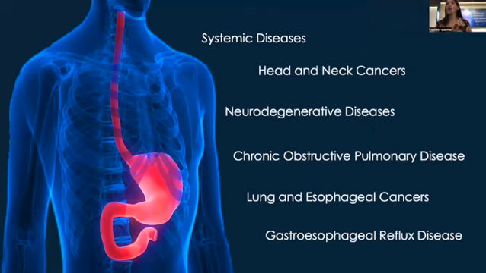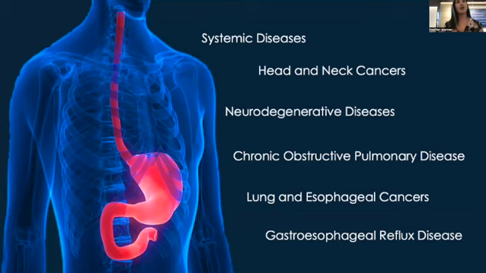And we know that amongst various disease processes, there is a strong interplay of oral, oropharyngeal, and esophageal phases across various disease entities. Systemic diseases such as scleroderma, head and neck cancers, which we know in our total laryngectomy populations, they have pharyngeal phase issues all the way down to esophageal phase issues. Neurodegenerative diseases such as Parkinson's and ALS.